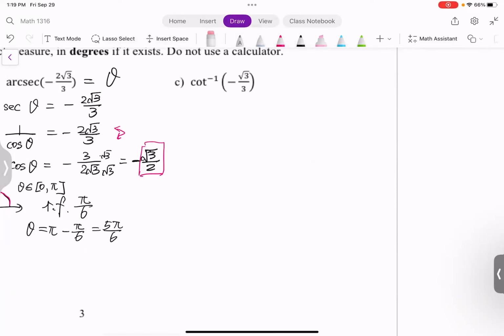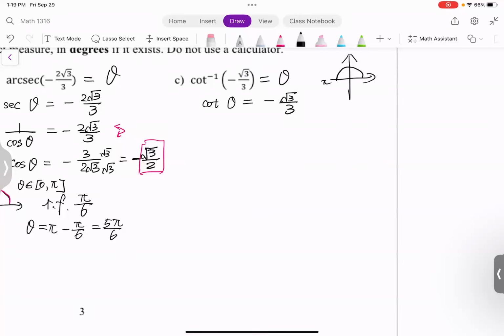First I need to convert it to y equals x, or equals theta, and then convert it to the cotangent function, which is cotangent theta equals negative square root of 3 over 3. And the angle theta must be between 0 and pi.